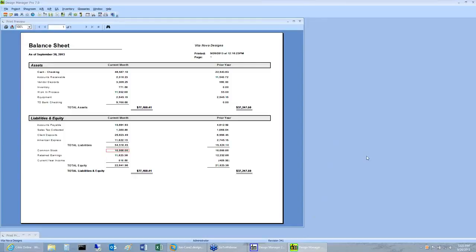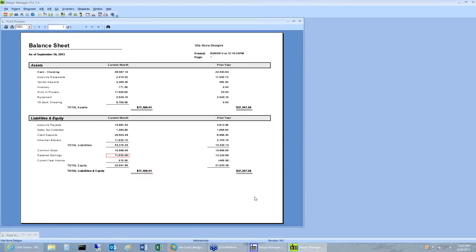But basically, yes, equity is carried forward from year to year. The changes in equity here, just traditionally on a balance sheet, retained earnings is all the prior year income, and current year income is what's going on in the current year. So basically, everything the company earns is your current year income plus your retained earnings.